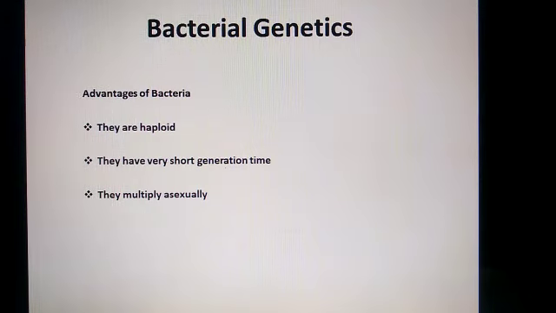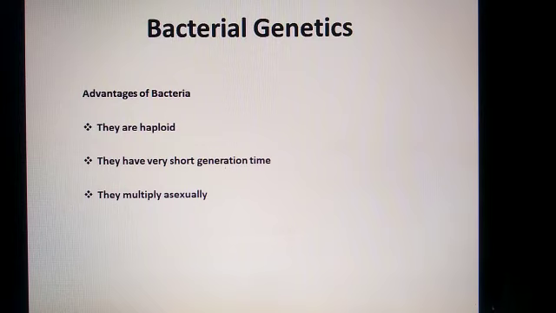Some strains of Escherichia coli can reproduce themselves every 20 minutes under ideal conditions. Another advantage of bacteria is that they multiply asexually by cell division, meaning binary division from one cell to two cells.